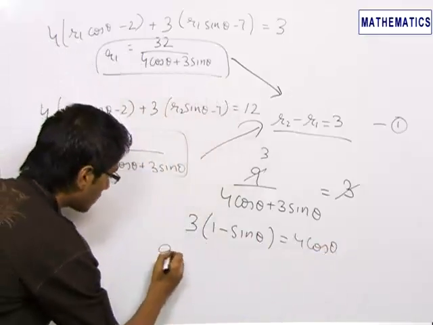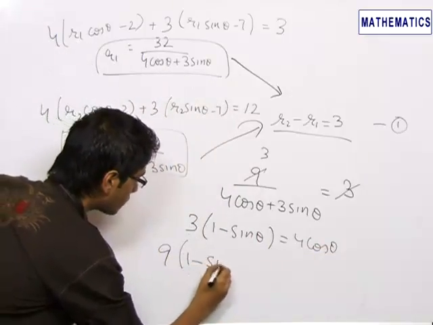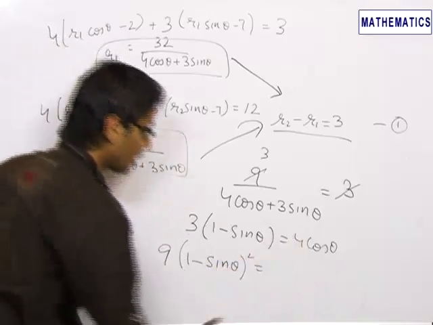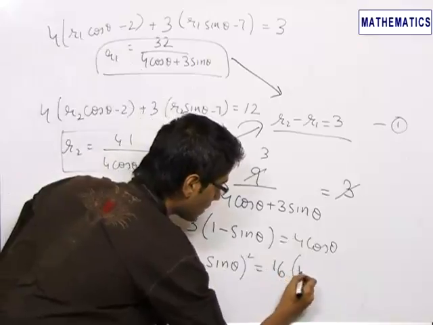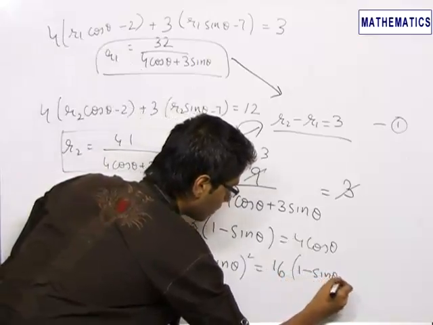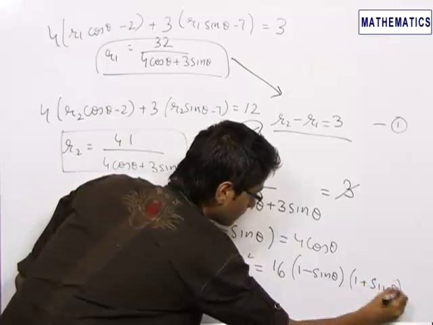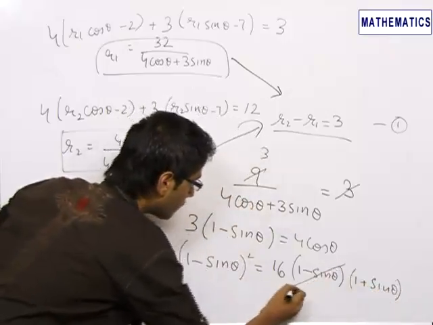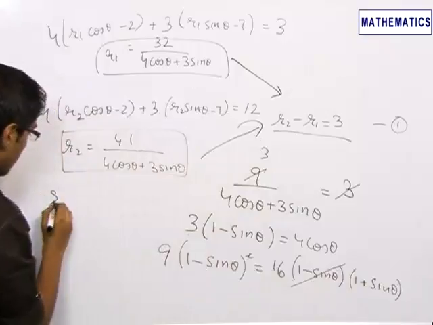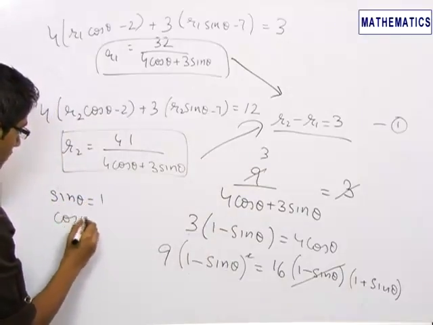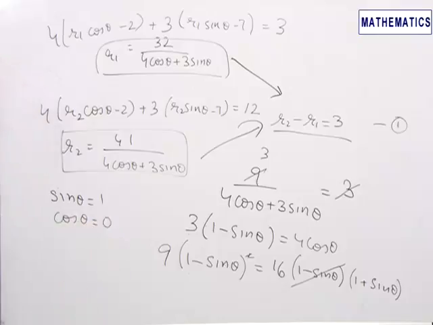Now we can square both sides to get 9(1 - sin theta)^2 = 16 cos^2 theta, and we can write cos^2 theta as 1 - sin^2 theta, which gives us (1 - sin theta)(1 + sin theta). On cancelling one of the factors, we can write sin theta = 1, which gives cos theta = 0.